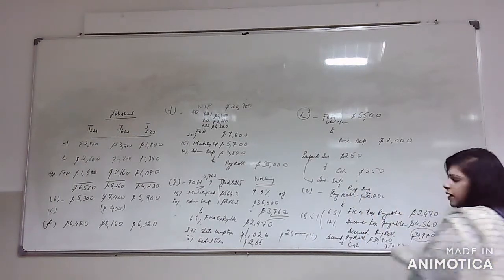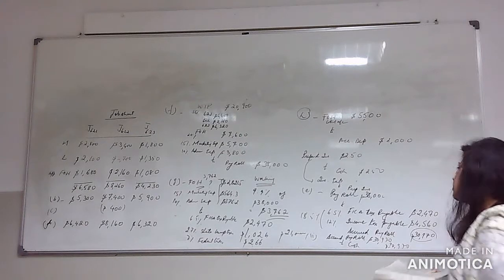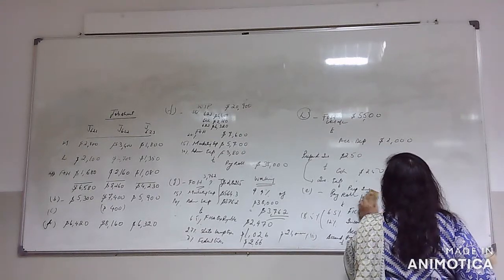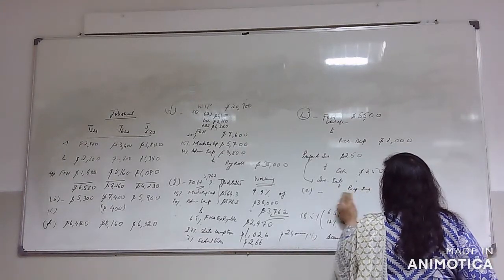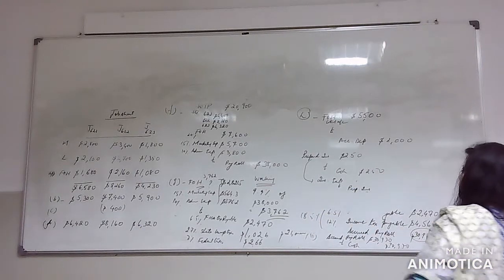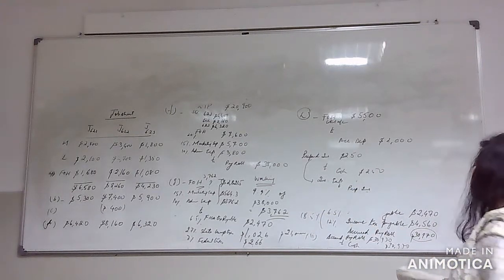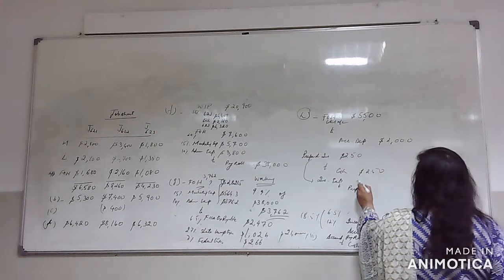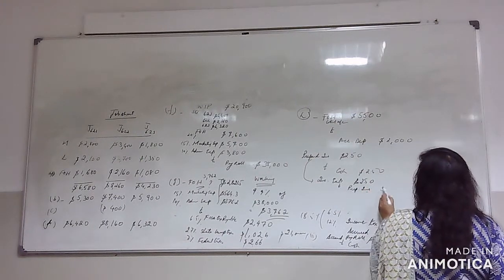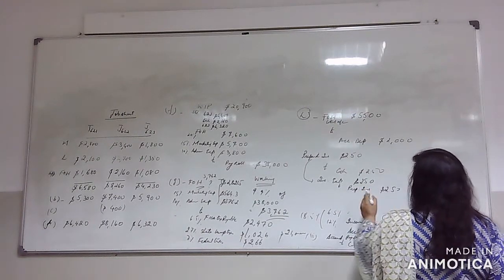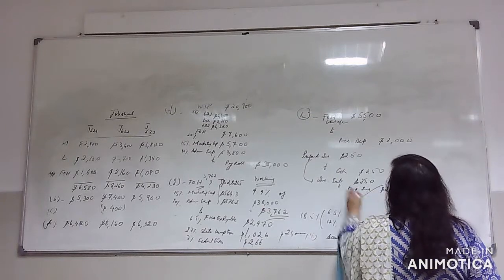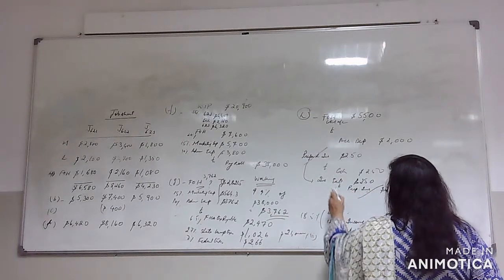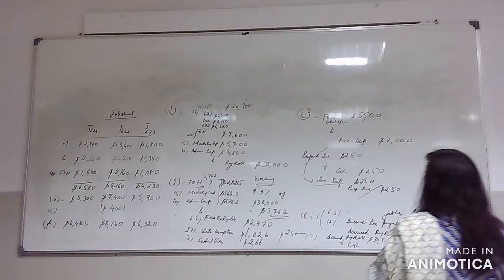So now the insurance expense to prepaid insurance is again 250 and 250. So now this prepaid insurance is cancelled out, and what is left is this insurance expense.